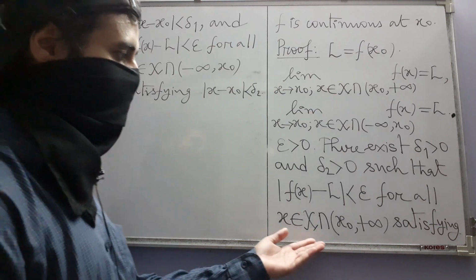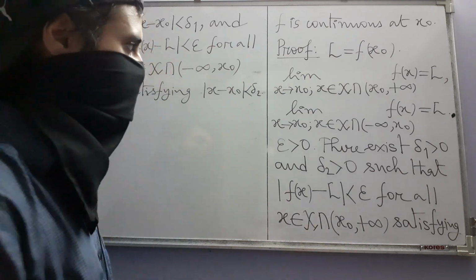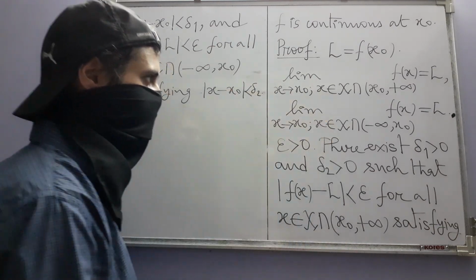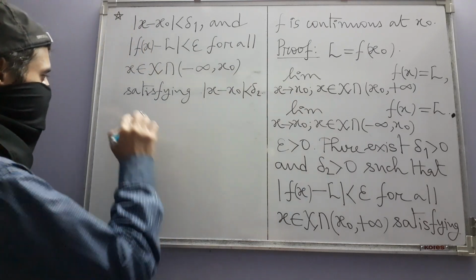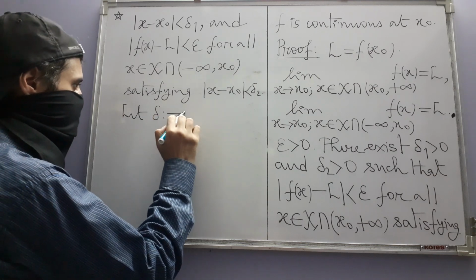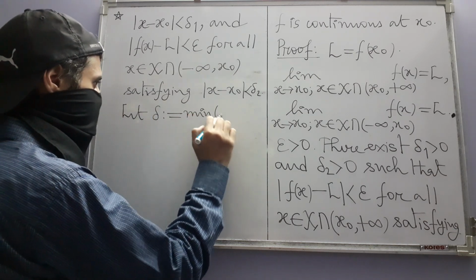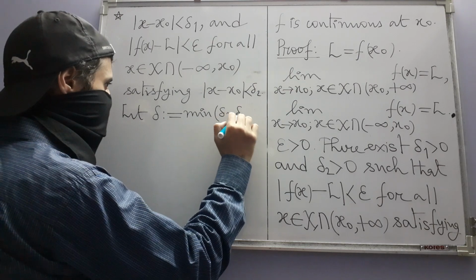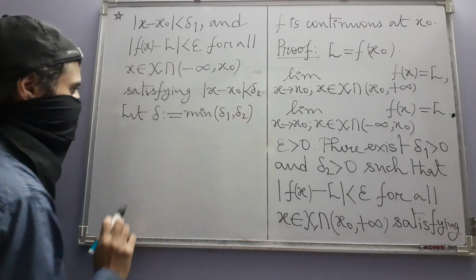We understand why these are the way they are. They are coming because of these two limits. Now let delta be the minimum of delta 1 and delta 2.